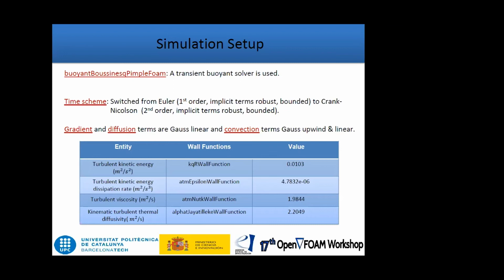These are taken from the studies on the OpenFOAM website. I studied the wall functions and chose these as the useful ones for my study. The values shown have been calculated from the standard equations with respect to the roughness.